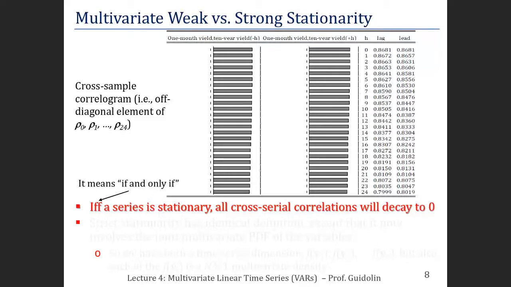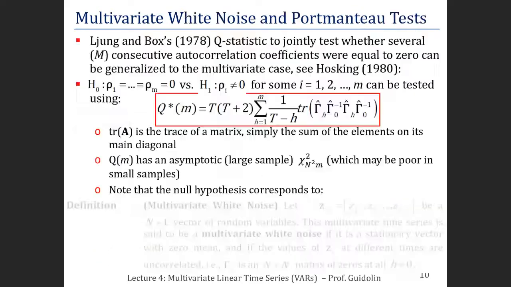EViews doesn't do it, so that's one of the few limitations that I can easily detect of EViews, but there are extensions of the Ljung-Box test to the multivariate case, and I'm just talking about one of them here in the slide, to know that in principle it would be possible to have something like the Q statistics and the p-values that you got used to in lecture number 3.